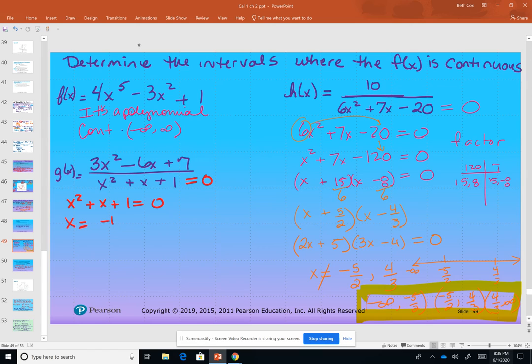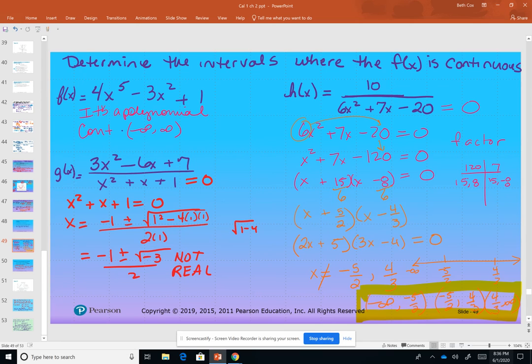So negative b plus or minus the square root of b squared minus 4 times 1 times 1, all over 2 times 1. Okay, so now what happens, and I'm not going to go much further than this, do that radical, I get 1 minus 4, which is negative 3, not real.